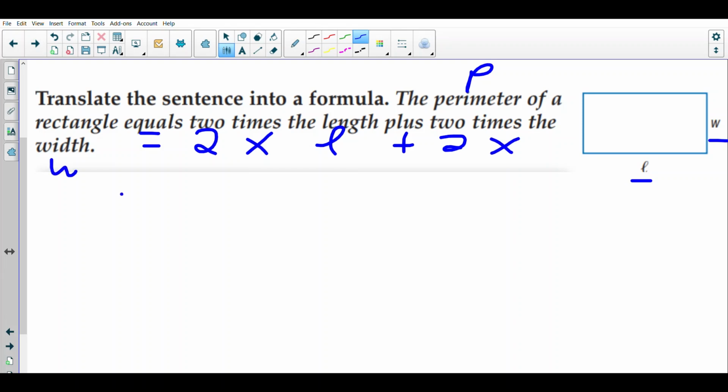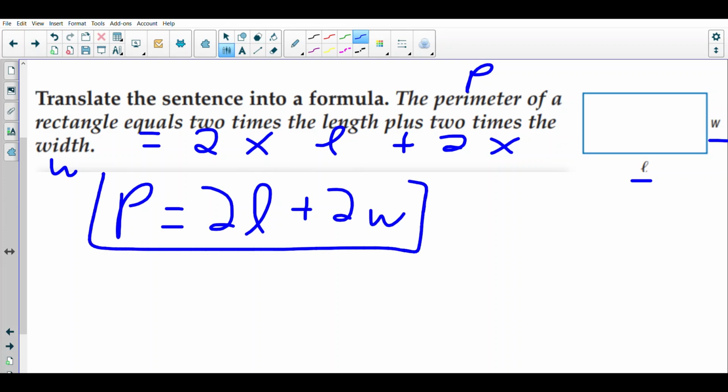So really, all it's saying is P equals, and I'm going to get rid of the x's for times and just put in the basic, 2L plus 2W. Okay, so all we really did was change what we want into symbols. And that's what we got to look to do as we translate into equations.